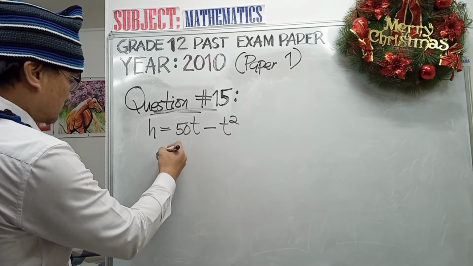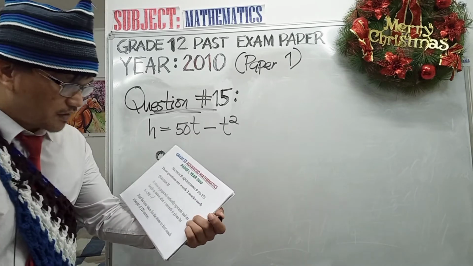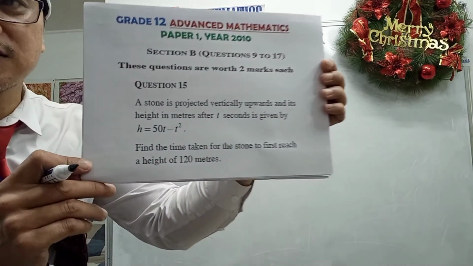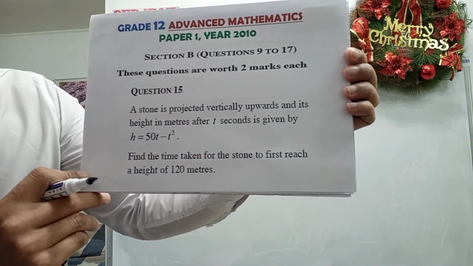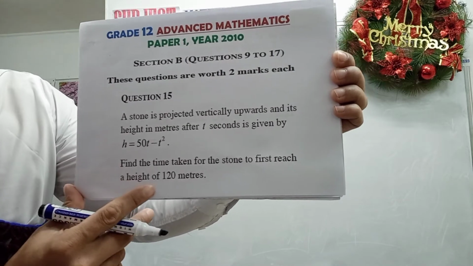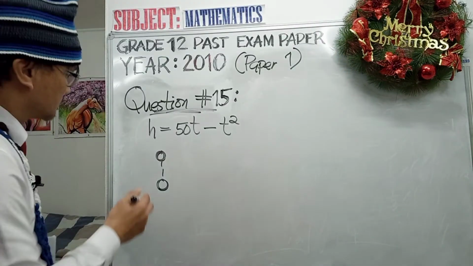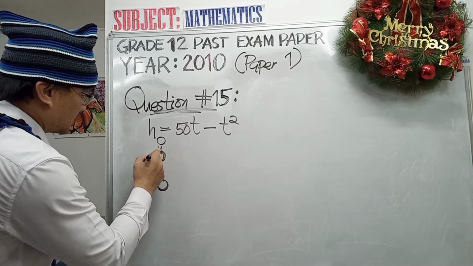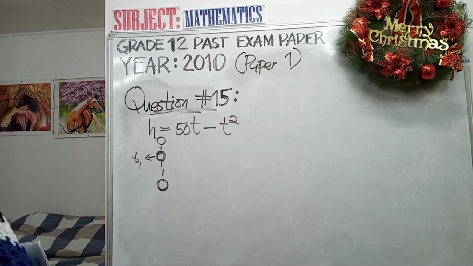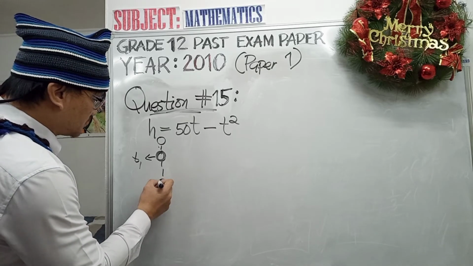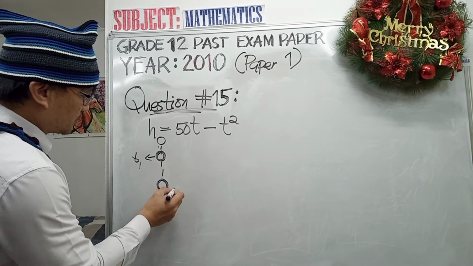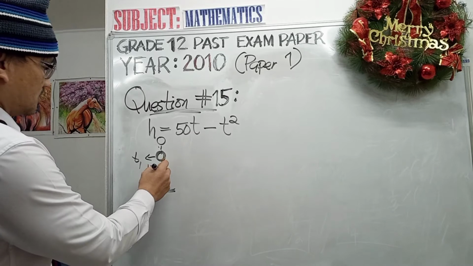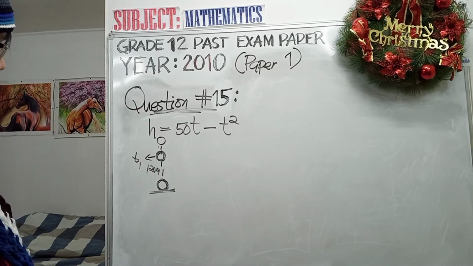So assuming you're asked to find the time taken to first reach a height of 120 meters, let's say this one here is your t sub 1, and the height reached at this time from this point of origin is 120 meters. So that's how you are going to work it out.